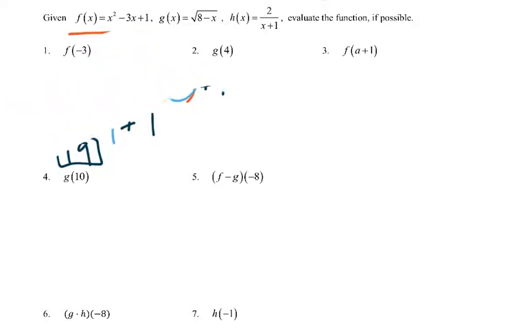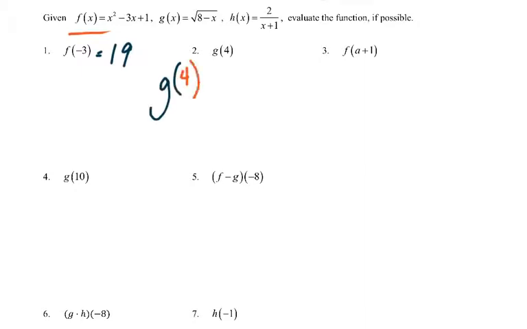So f of -3 was equal to 19. Now we're going to do g of 4, which equals the square root of 8 minus, we replace our x with a 4.